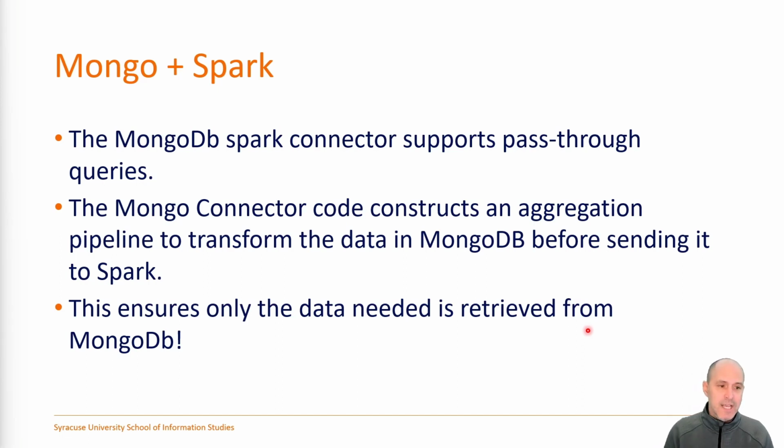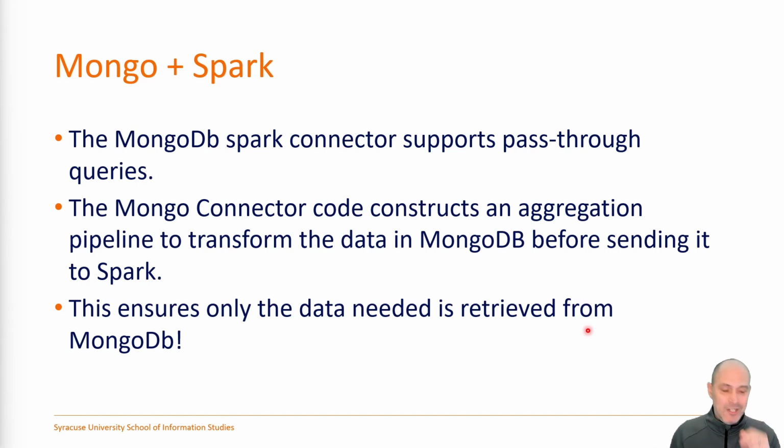So for instance, if I just asked for Hondas and I want miles per gallon under 20, those two criteria would be sent to MongoDB by Spark at execution time, and then all MongoDB would give back is a smaller set of data, and then Spark would in turn continue the manipulations on that data. So this is incredibly efficient and incredibly big data friendly.